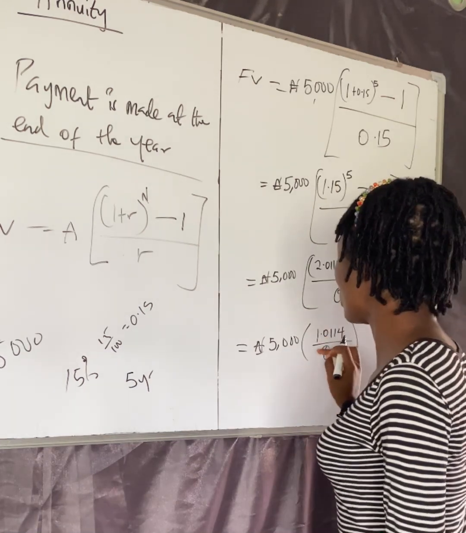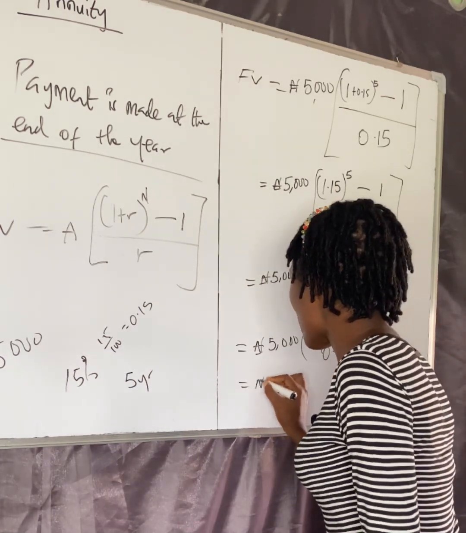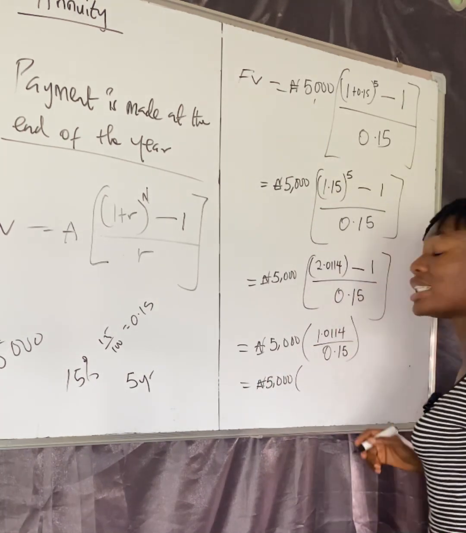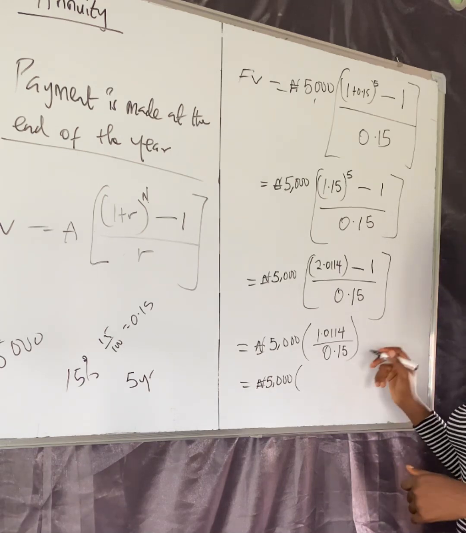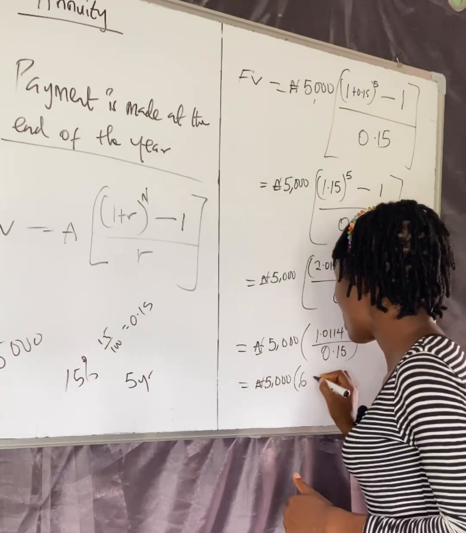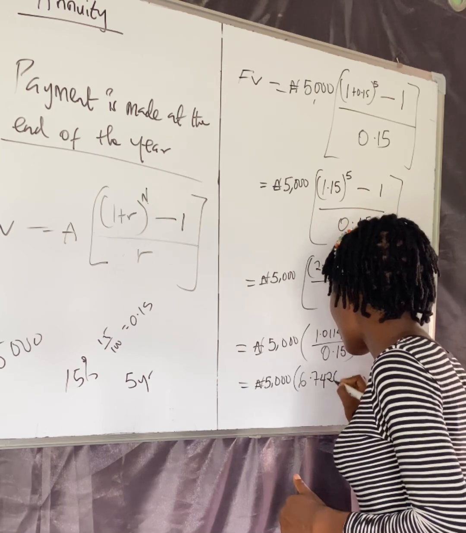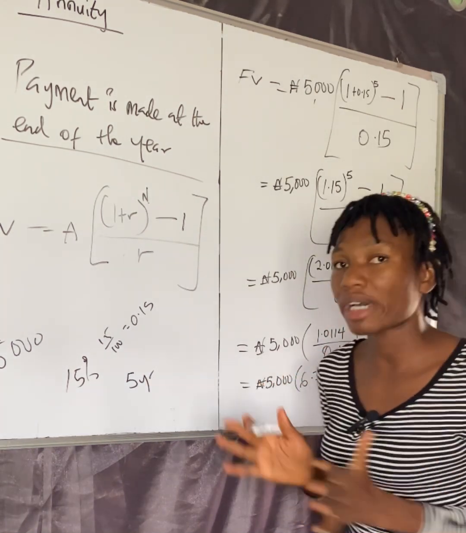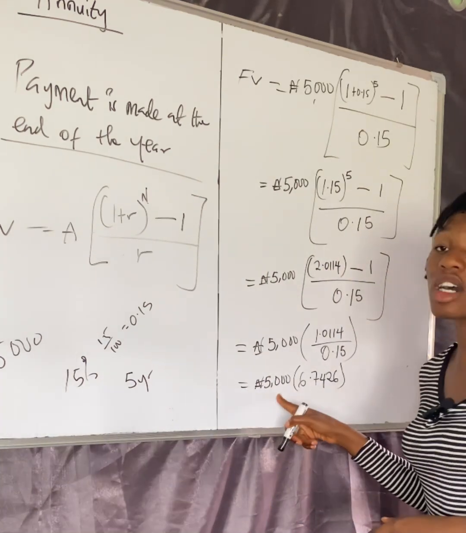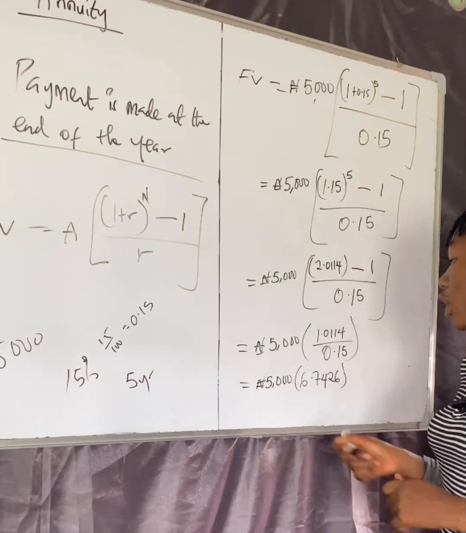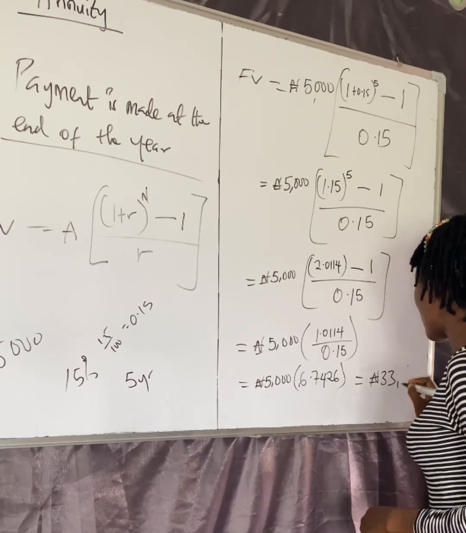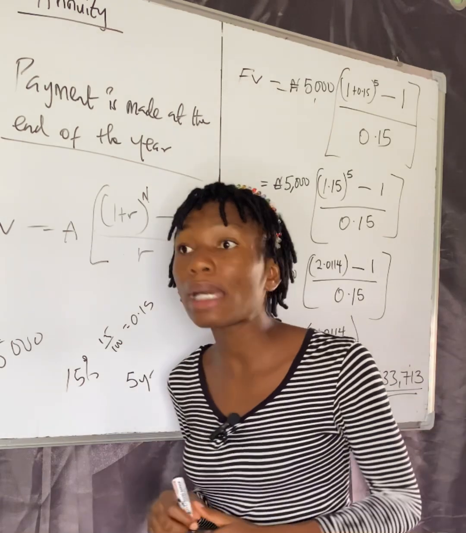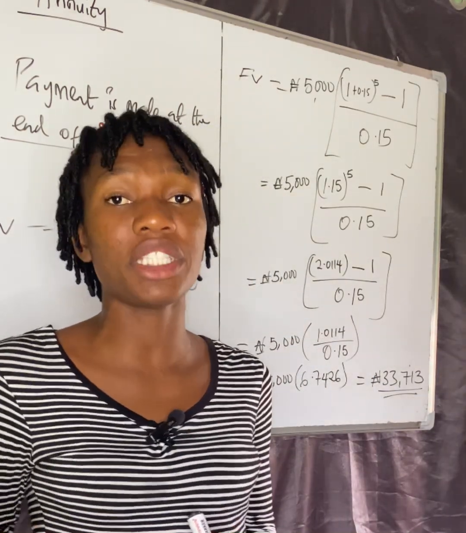Now we just have to divide. 1.0114 divided by 0.15 will give us 6.7426. So it means at the end of the 5 years, after paying that consecutive amount, we multiply 5,000 by that factor, and that will give us 33,713 naira. Like I said, this is a case where payment is made at the end of the year.